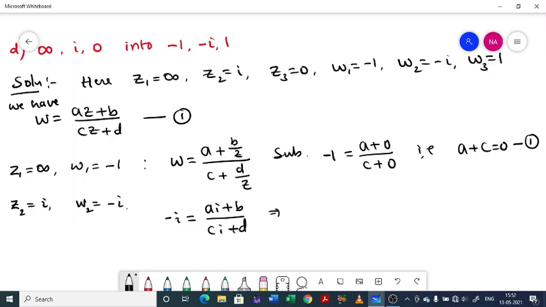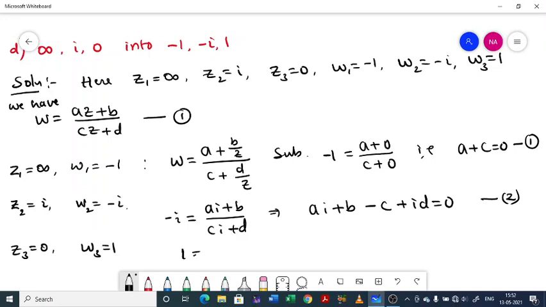So this implies ai plus b multiplied by minus i, i squared is minus 1, so it will be c, taking this side, minus c plus id equal to 0. This is equation 2.